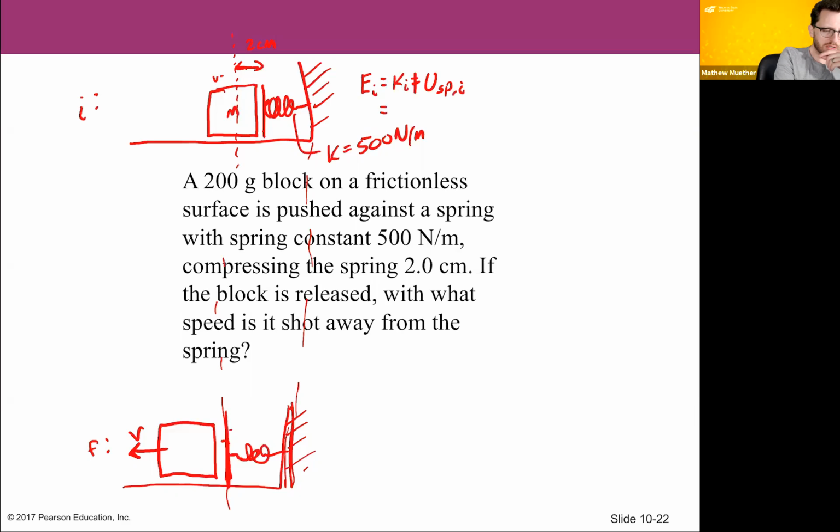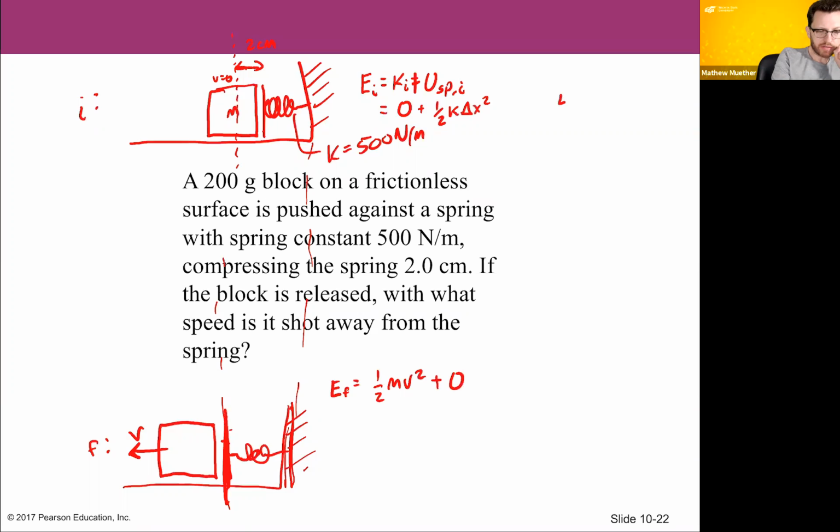The block starts at rest, it's just sitting there, so there's 0 initial kinetic energy, and the initial spring potential energy is 1/2 k delta x squared. What does the final energy look like? Well, now the spring is back at its equilibrium position. So the block is going to move off with some kinetic energy 1/2 mv squared, and the spring potential energy will have gone to 0.